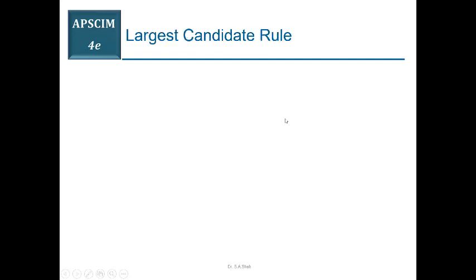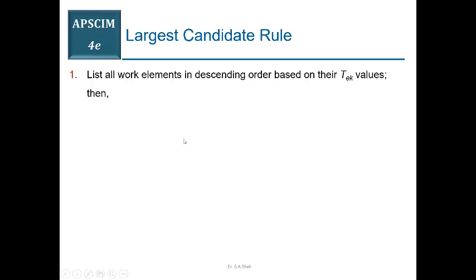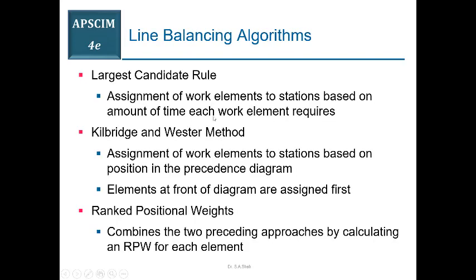So let us first start with the largest candidate rule. Largest candidate rule में basically there are 3 or 4 steps involved in each method, and the only difference between these 3 methodologies is the first step.